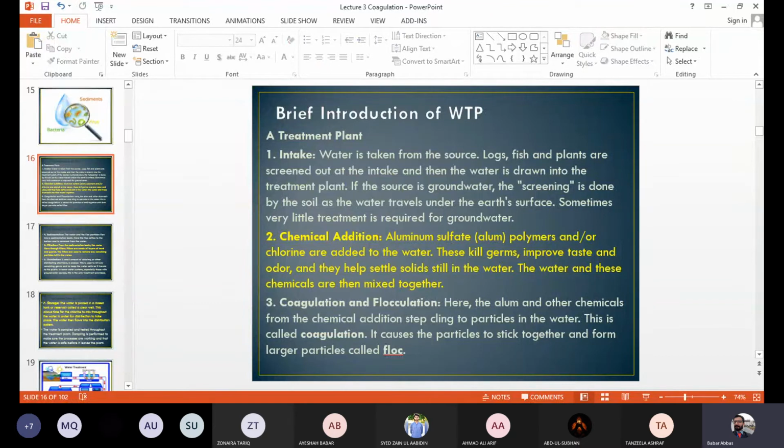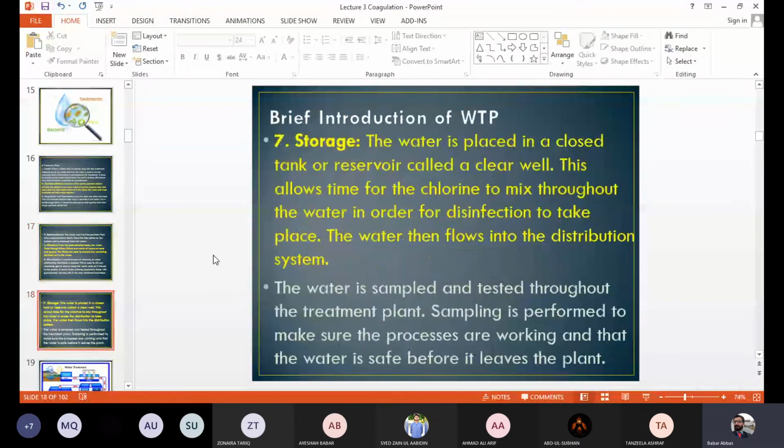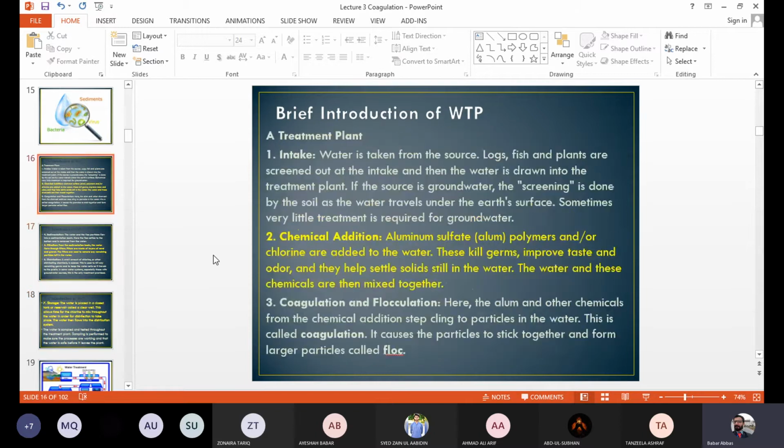The third is coagulation and flocculation. The fourth is sedimentation. The fifth is filtration. The sixth is disinfection. And the final is the storage and provision of water to the consumer. All these 7 stages are the functional elements of your water treatment plant.